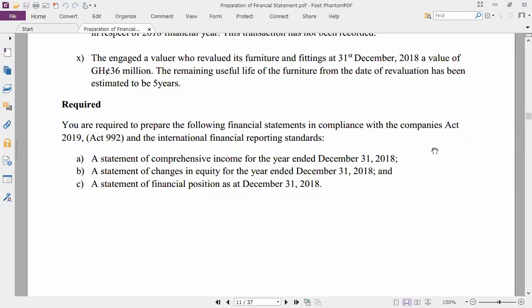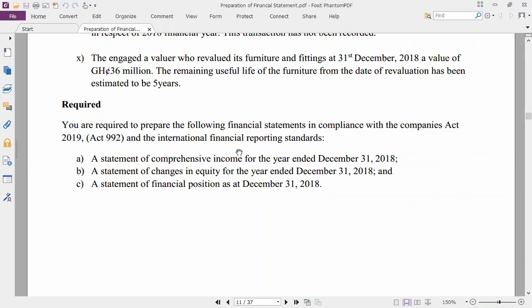If you are in Ghana, it must comply with the Companies Act 2019, Act 992, and the International Financial Reporting Standards, the IFRS. That is it. A statement of comprehensive income for the year ended 31st December 2018, a statement of changes in equity, and then a statement of financial position as at that day.